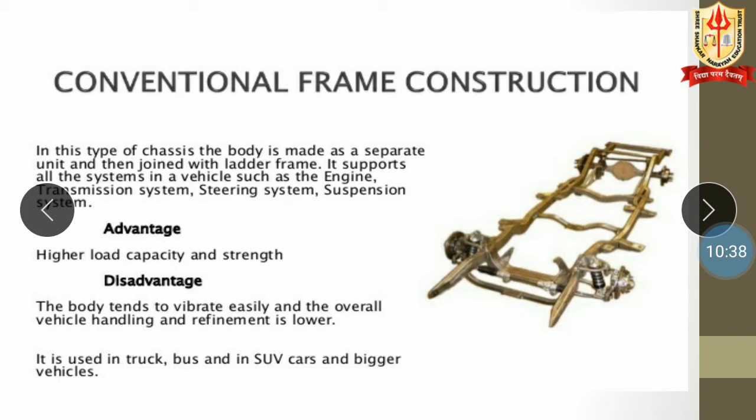Now, conventional frame construction. This is the simple ladder type frame. In this type of chassis, the body is made as a separate unit and then joined with the ladder frame. We make a separate body, and after that we join it with this frame. It supports all the systems in the vehicle, such as the engine, transmission system, steering system, and suspension system.